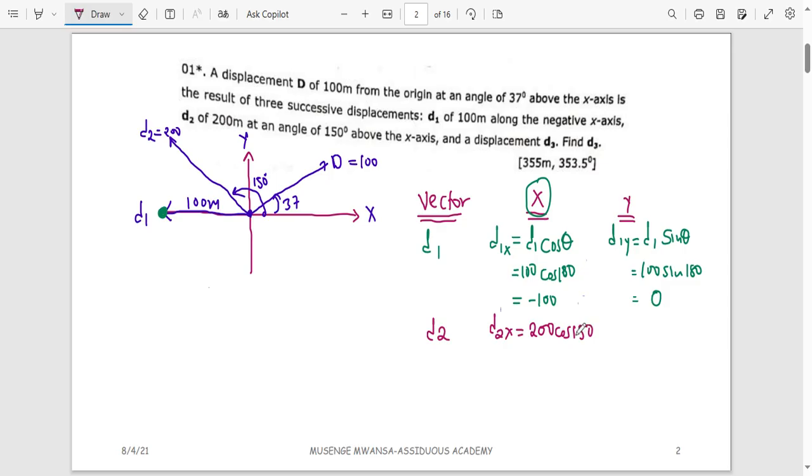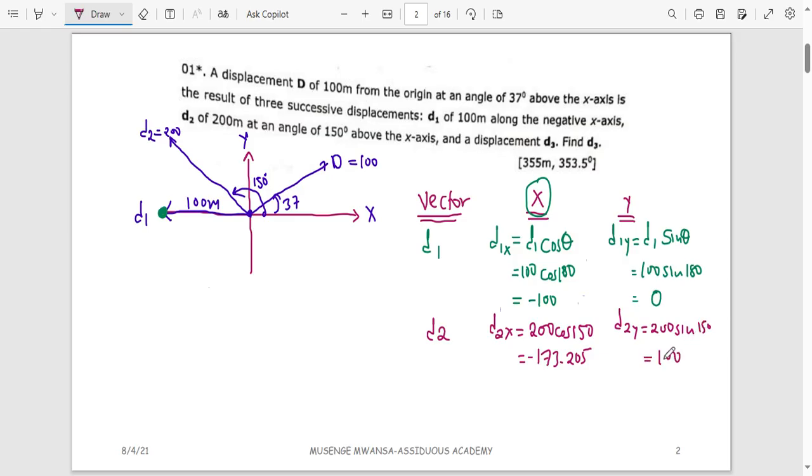So I'll punch 200 cosine of 150 on the calculator, and that has given me negative 173.205. And then I'm going to go to d2y, which is 200 sine of the angle 150. So I'll simply say 200 sine 150. That has given me 100.